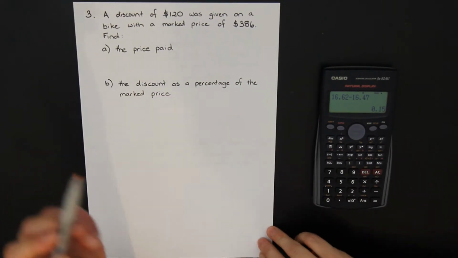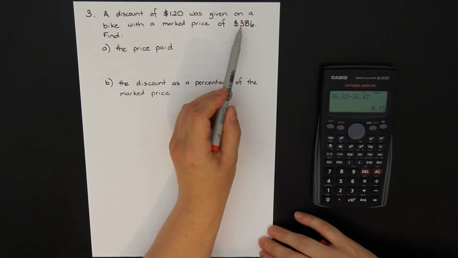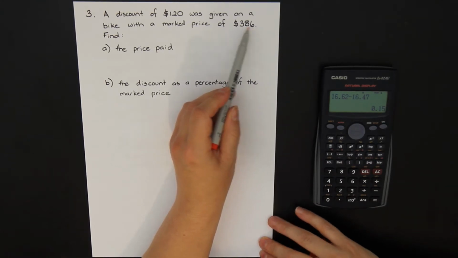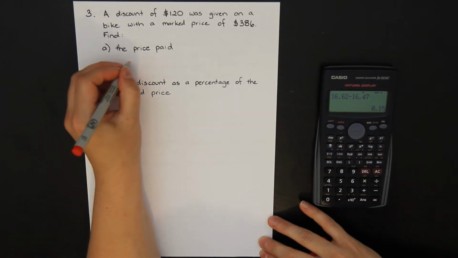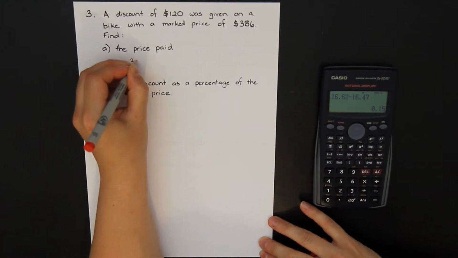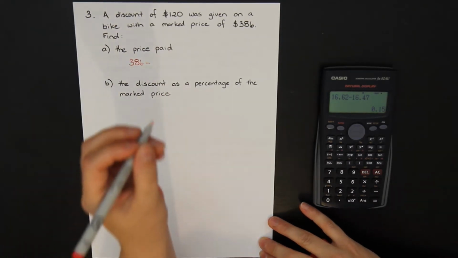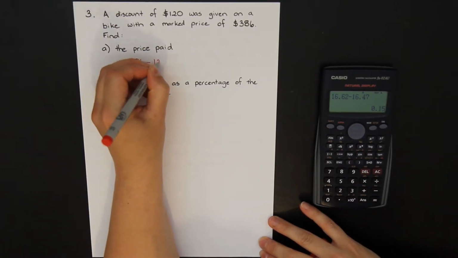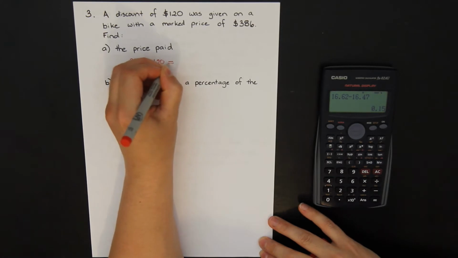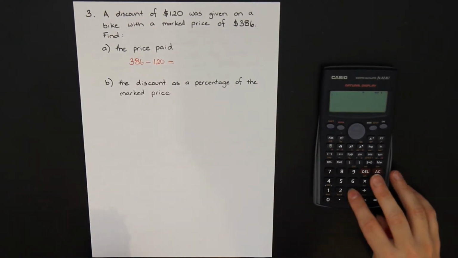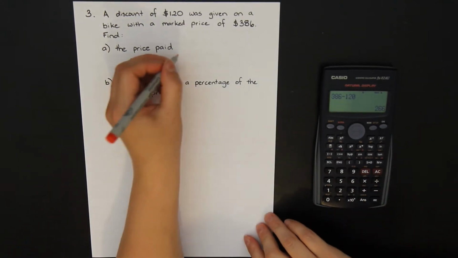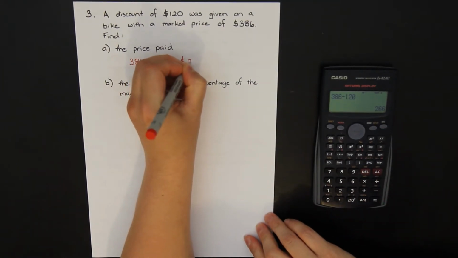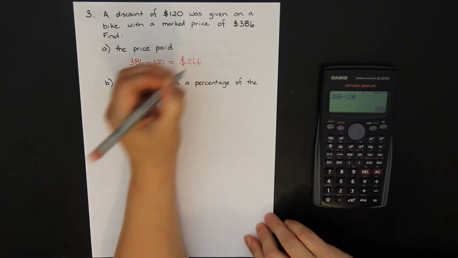So if the price tag of the bike was $386, but we have a $120 discount, we just need to subtract them to find out how much is actually paid. 386 minus 120 equals, type it in if you need to, $266.